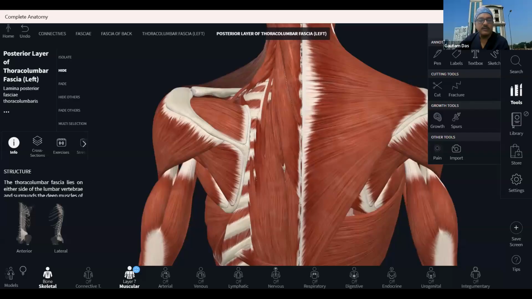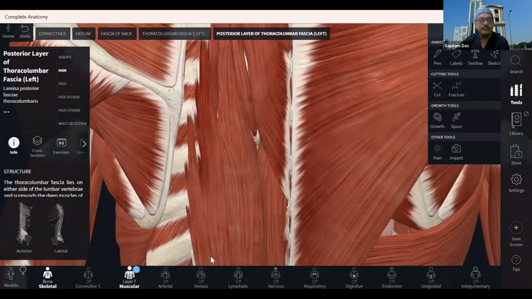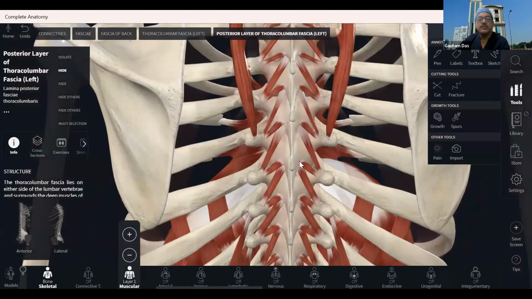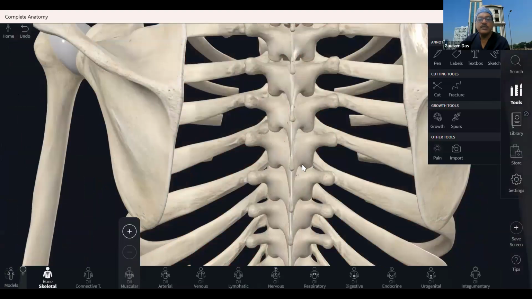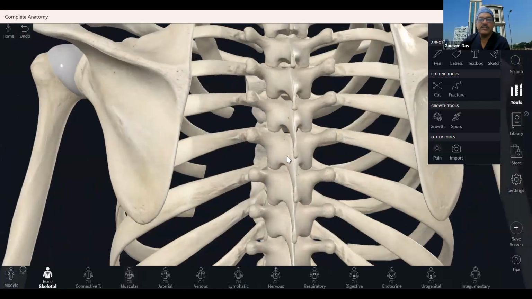Then you see this part, and we'll be able to appreciate it better. Okay, so let me remove all the muscle here. See here, initially my probe was at this position, the spinous process, then the lamina, and then more laterally the facet joint, just a little bit. And then suddenly there is an upslope and the transverse process is here.